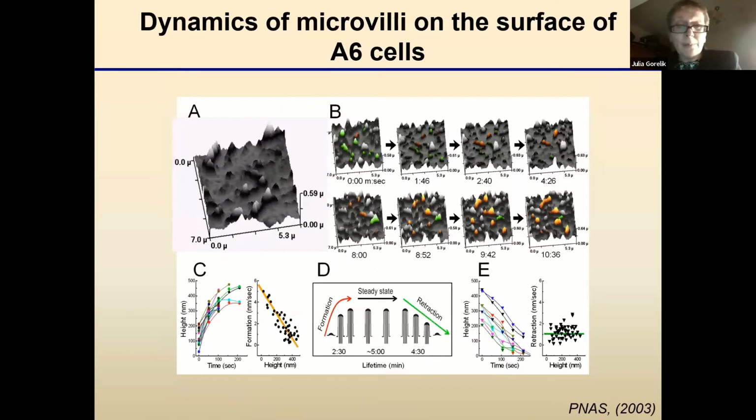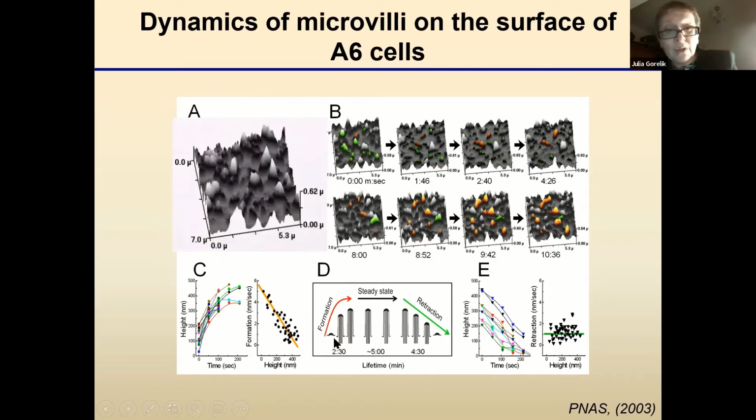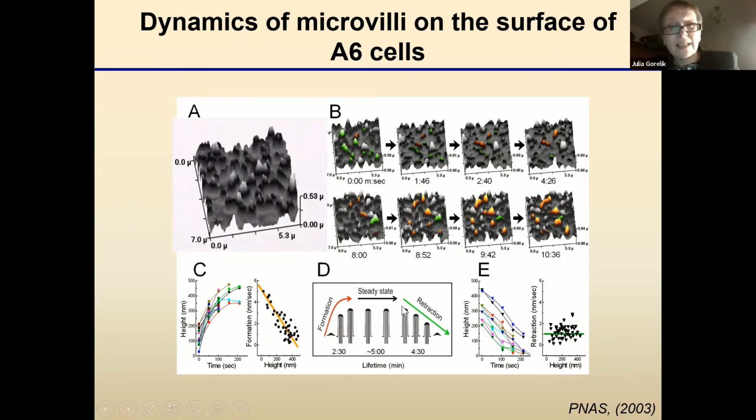Of course, it's important that we can resolve the small features on the surface of the cells. We started from the epithelial cells, and we studied the movement of the microvilli, and we saw the formation of the microvilli, steady states, and retraction of the microvilli. It's known that on top of the microvilli, for example in lymphocytes, you have CD44 sitting on the microvilli, and a lot of channels and receptors sitting on the microvilli in kidney cells.